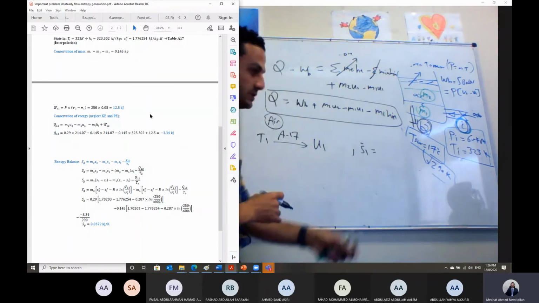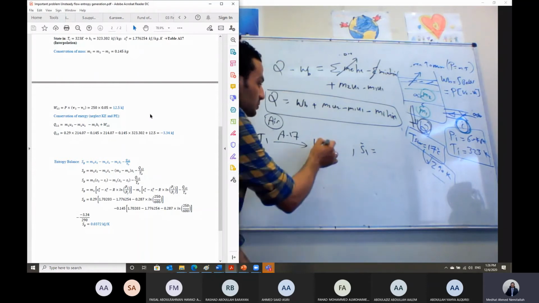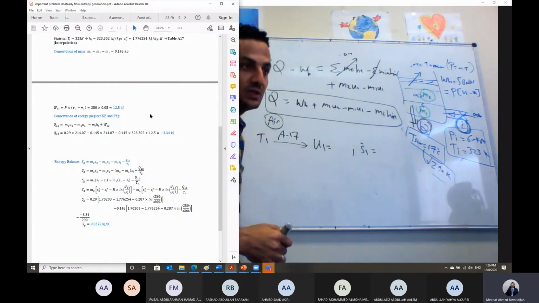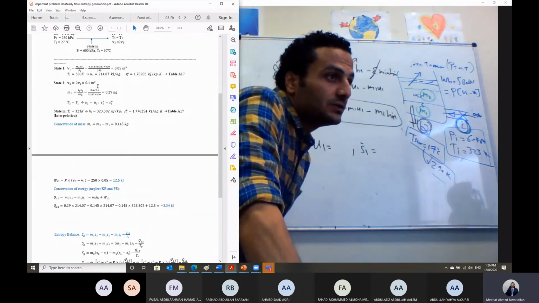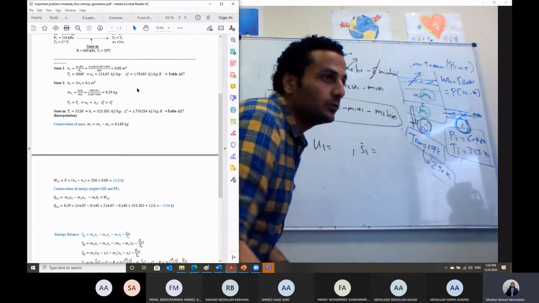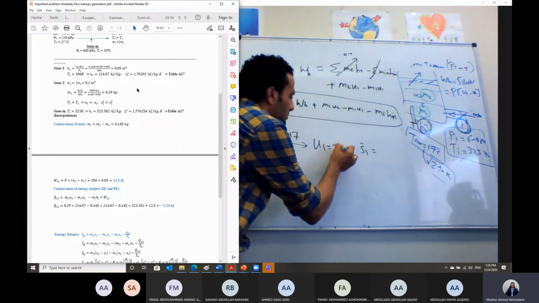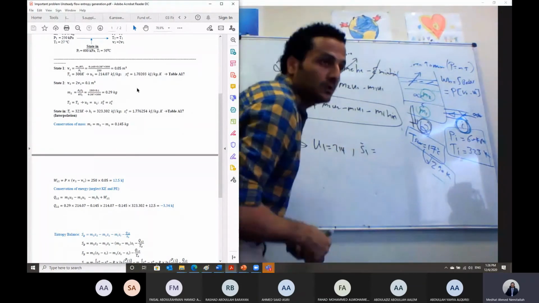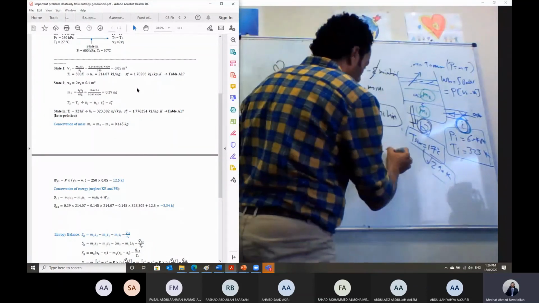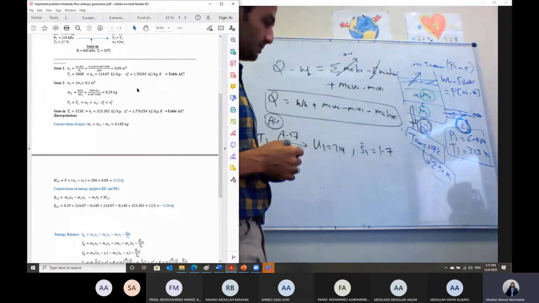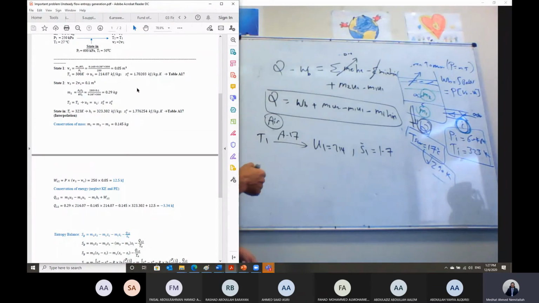So u1, if you go to the table, is equal to 214 kilojoule per kilogram, and the entropy s naught 1 is 1.7 kilojoule per kilogram Kelvin.